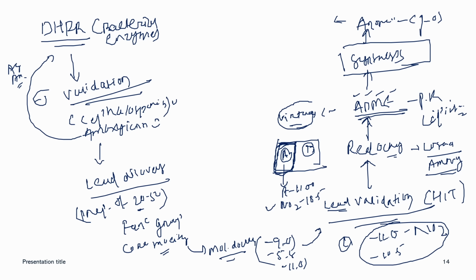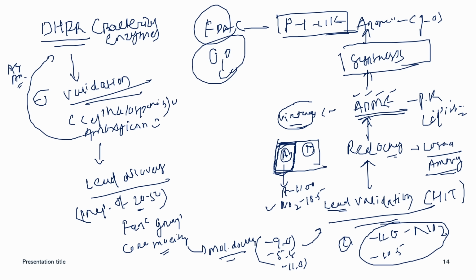If the animal trial is successful, we go for phase 1 to phase 3 studies, which are studies on human beings, and then your drug gets approval by the FDA.